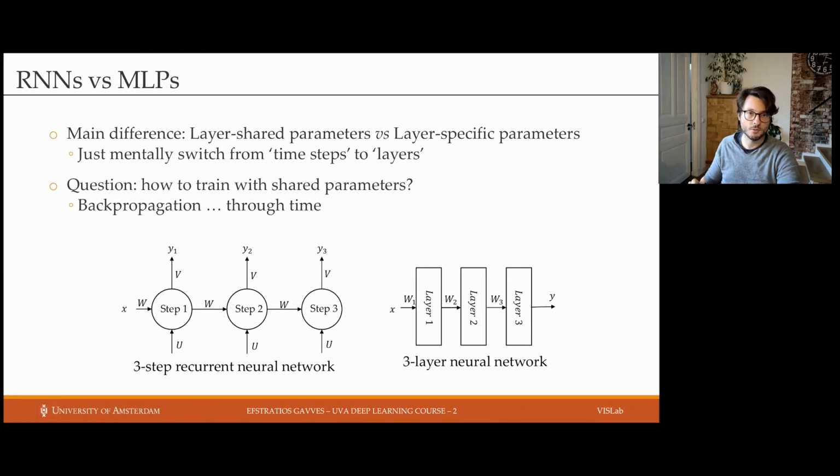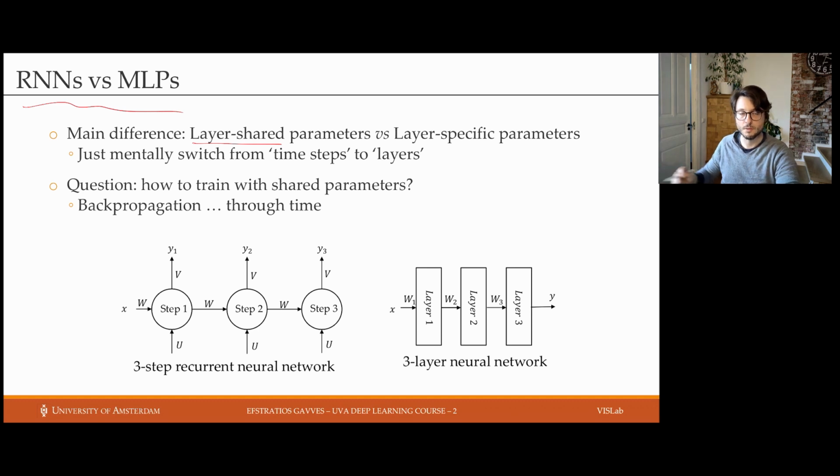Before going into further detail, I think it's actually quite illuminating to check what is the difference between recurrent neural networks and multi-layer perceptrons. So, if you abstract your mind a bit, the main difference is that with recurrent neural networks, you get layered shared parameters.